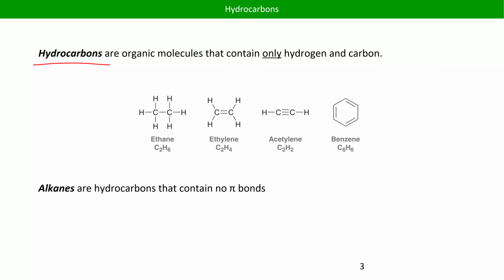And so hydrocarbons, you've probably heard the term before, but it's exactly what it sounds like. A hydrocarbon is made up entirely of hydrogen and carbon. So no oxygens, no nitrogens, no sulfur, no anything else, no chlorines.